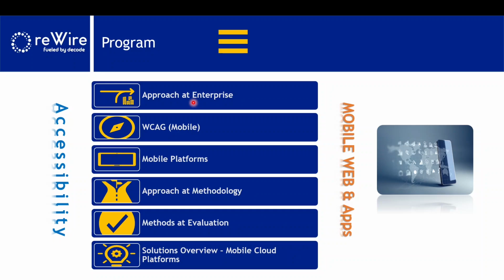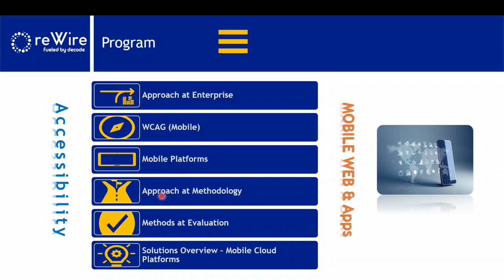For your role, you may not be part of this stage, but this is at the senior management level, how they can strategize at enterprise level. From this stage onwards, you should have an idea of what the WCAG guidelines specific to mobile are, and what mobile platforms we are going to experience.